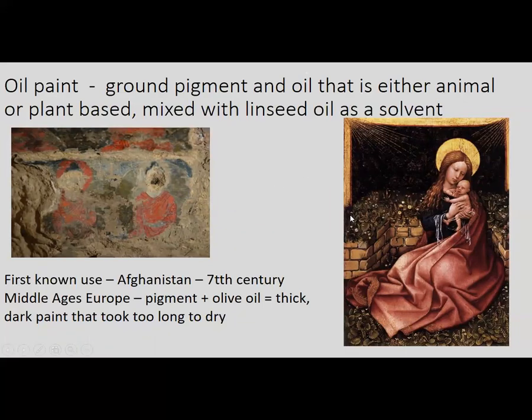Then in the Middle Ages, they started taking pigment and olive oil to make an oil paint, but it was too thick. It made the paint look dark, and it took too long to dry. So they started trying other kinds of oils like refined linseed oil.